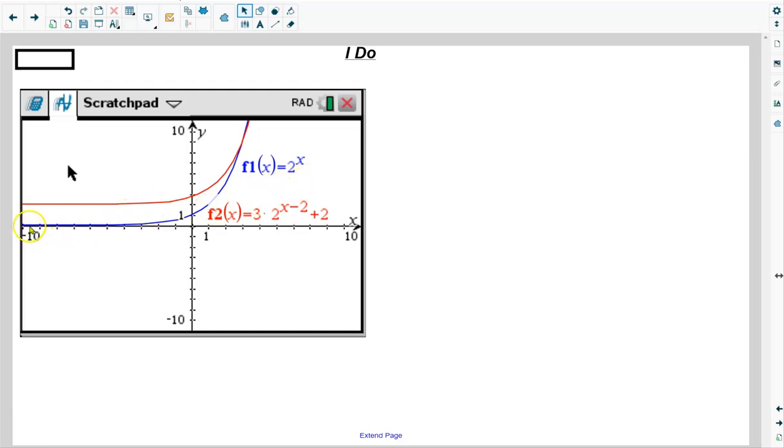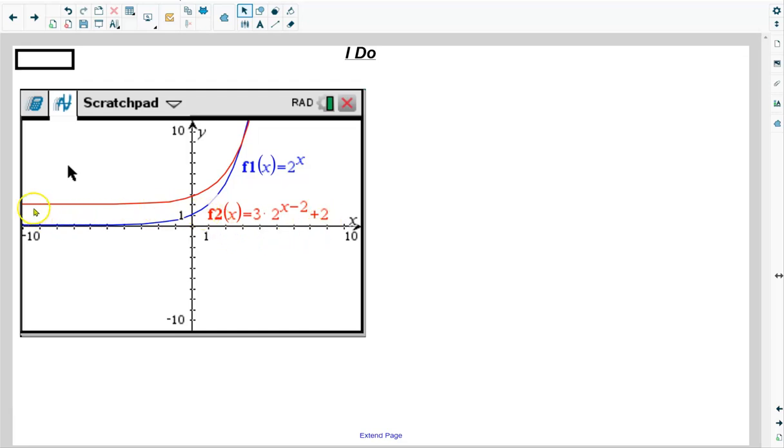And like always, it's a good idea to have the parent function. There's more specifics, but we've got to come in at this pretty simple first. So here's the parent, 2 raised to the x, and here's the function, the 2 raised to the x here with all these other stuff. We're not going to deal with the transformations.